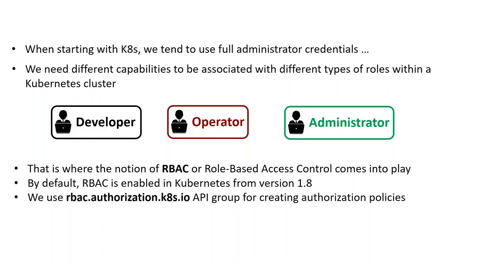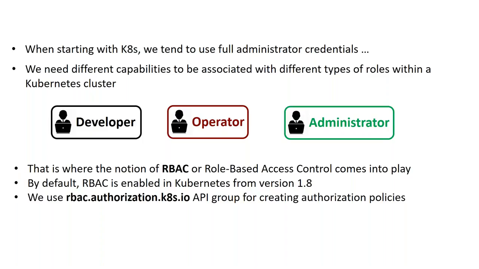However, in a production level or production grade cluster, we need to make sure that we define some kind of access control by which I can say, if you work, what kind of role you want to work, and based on that I can give only specific access to you.